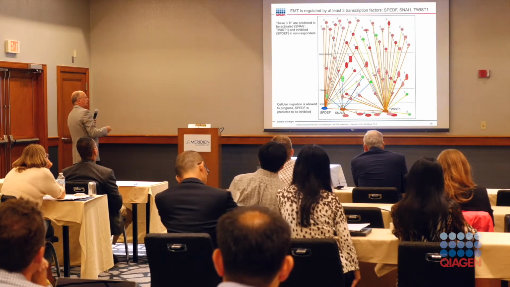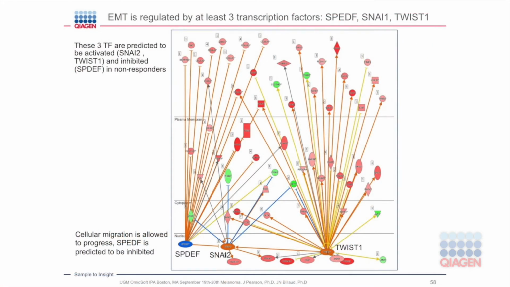Going back to the upstream regulators I've showed you, I selected 2 transcription factors, TWIST1 and SNAI2, that are predicted to be increased, it's in orange, and one which is predicted to be decreased, SPDEF. Well, this guy is involved in cellular migration, and when this guy is predicted to be decreased, cellular migration progresses.